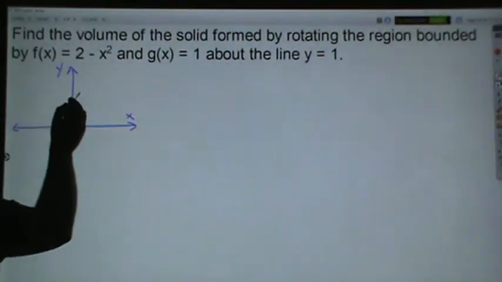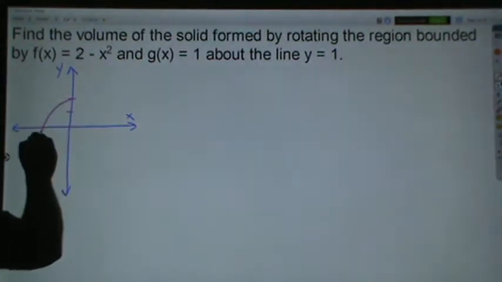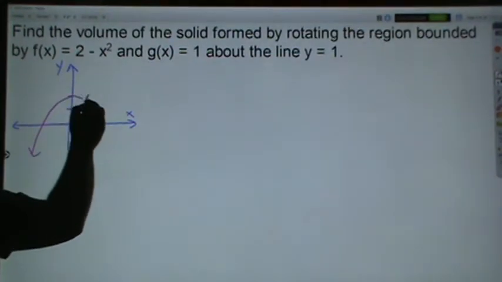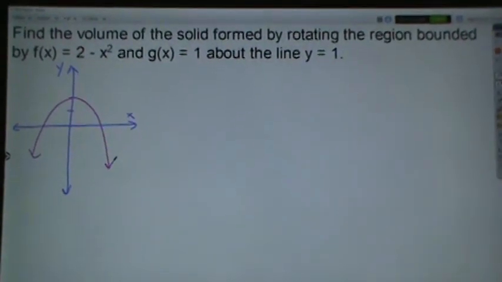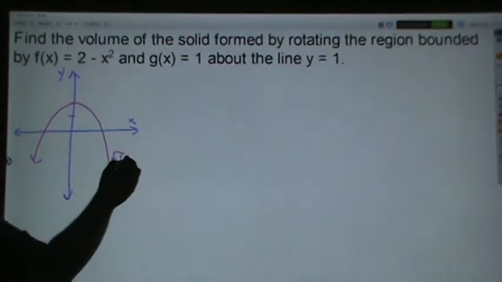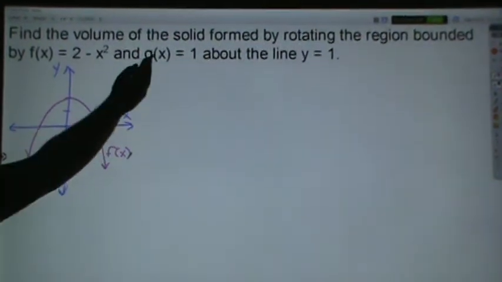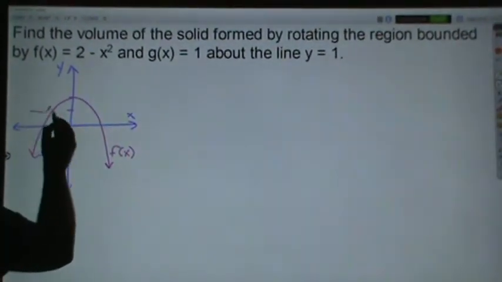We're not going to hit the x-axis at an integer value. It's going to hit at the square root of 2 and negative the square root of 2. So this is my f of x, and then I'm going to have g of x equals 1, which is the horizontal line y equals 1.